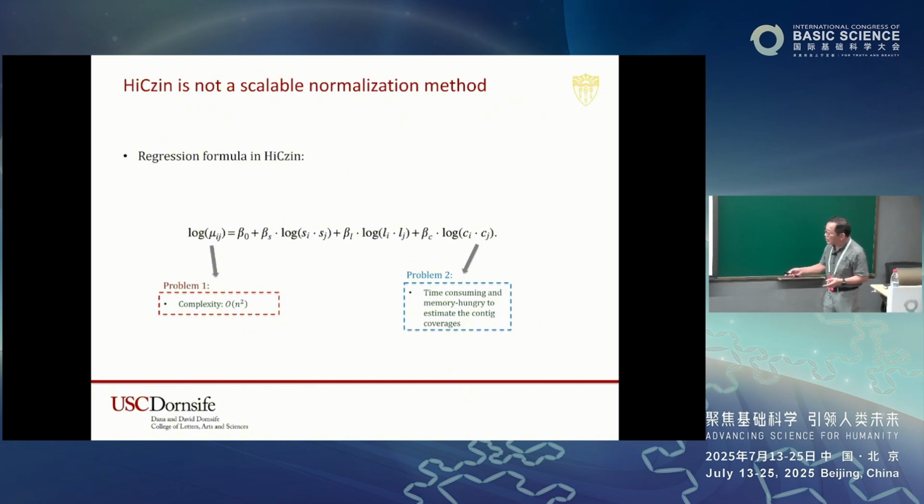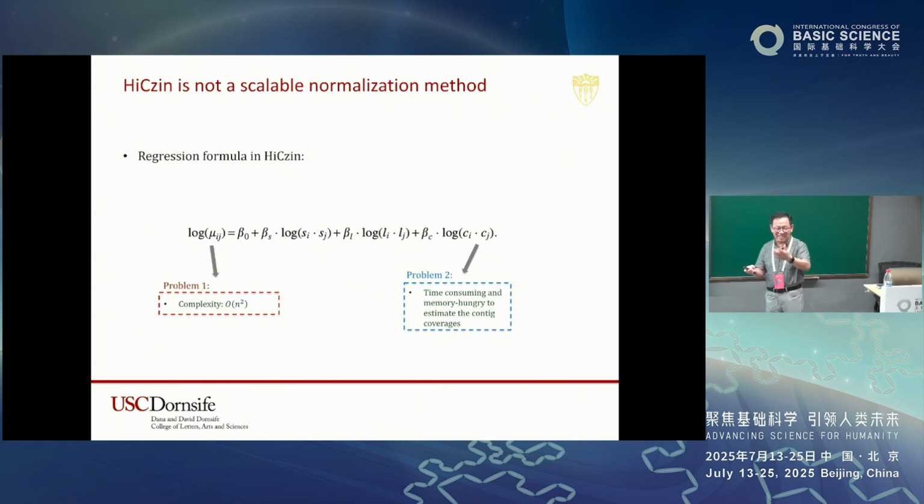One problem is the computational complexity. We are doing a pair of contigs, so let n be the number of contigs, and the computational time will be O(n squared), right?